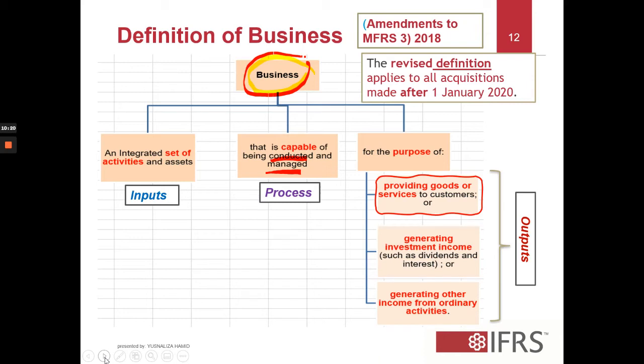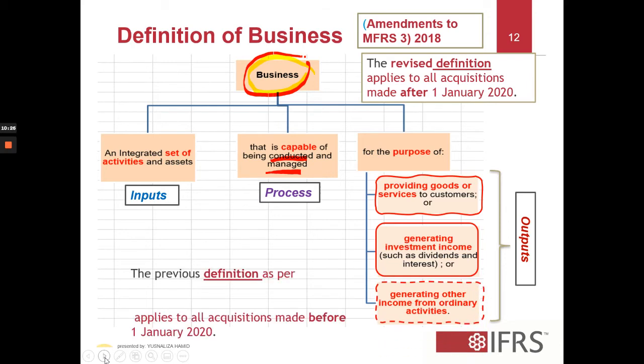So for the purpose of output, we are looking at these three elements. The previous definition as per Appendix B7 of MFRS 3 applies to all acquisition made before January 2020. So I'm making use of the revised definition that applies to all acquisition of business made after 1st of January 2020.